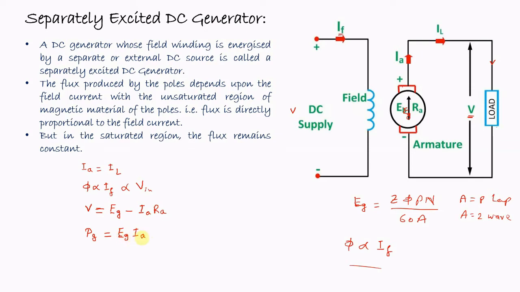So the product of these two values will give us the power which is developed in the armature. Whereas the output power, PL, will be equal to voltage into the load current, where V is the voltage across the load and IL is the load current. But here IA and IL are the same.